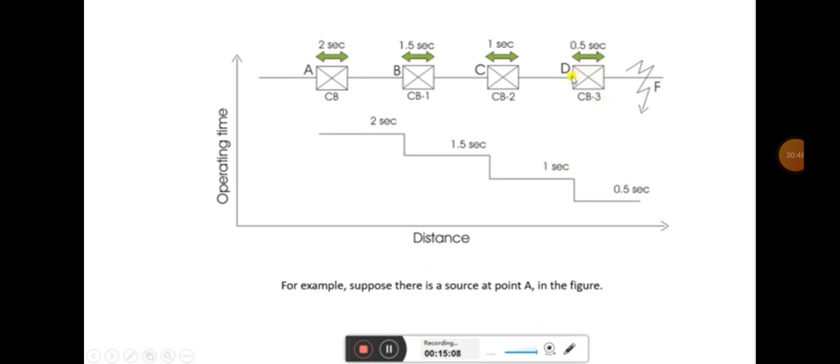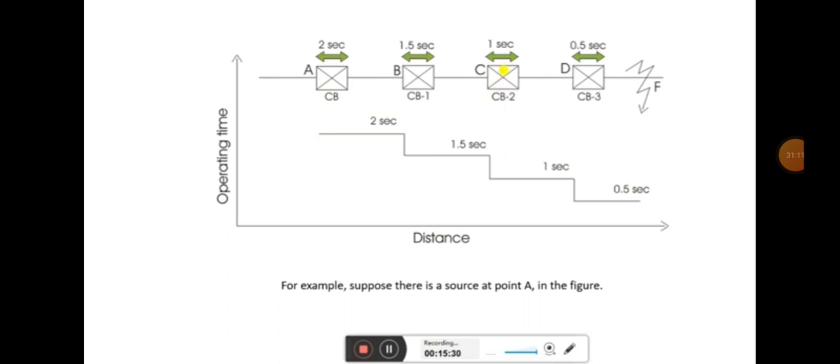And if this CB3 fails to operate by any means, then next to it CB2 is placed, and for CB2 the time setting is given as 1 second. So this CB2 will operate.